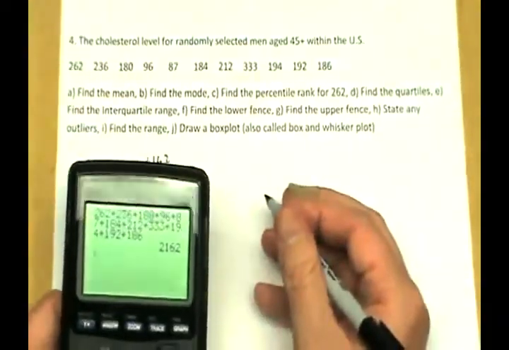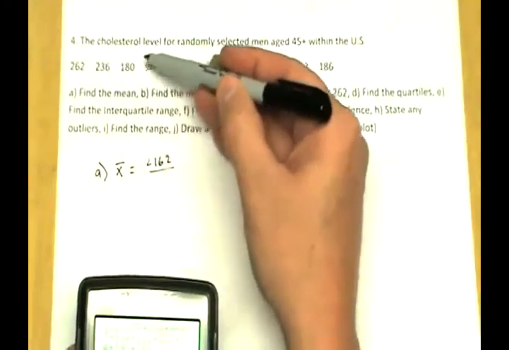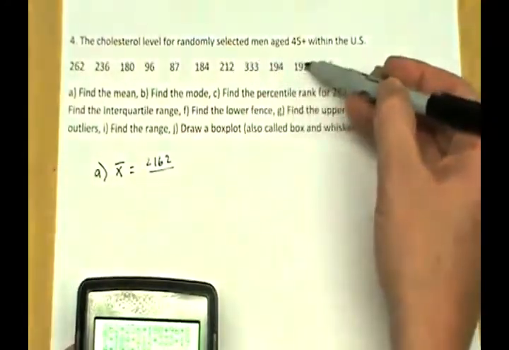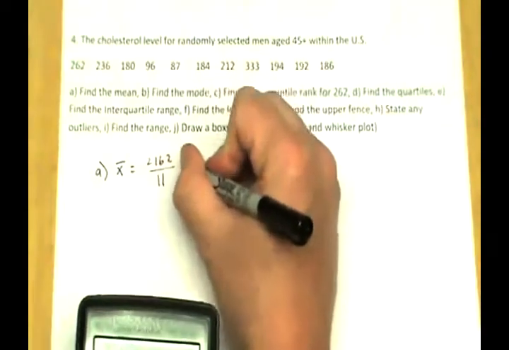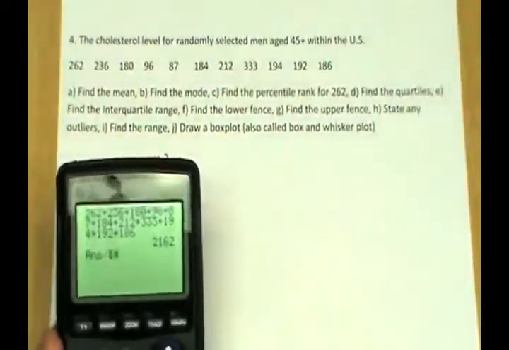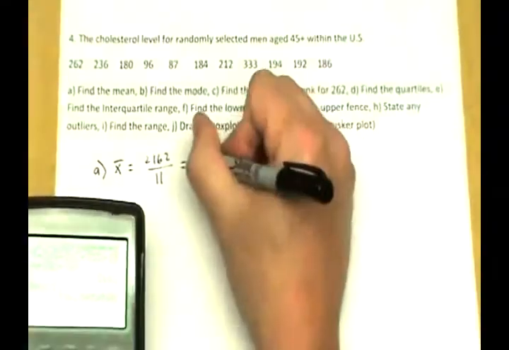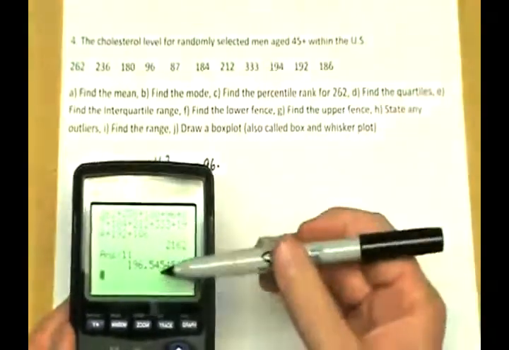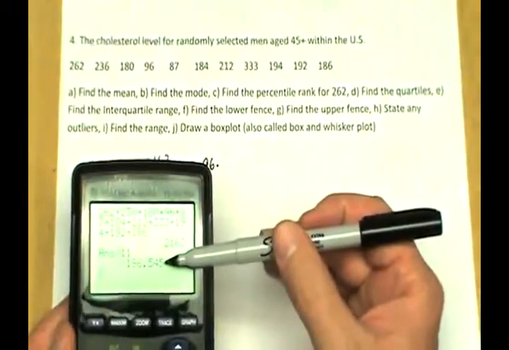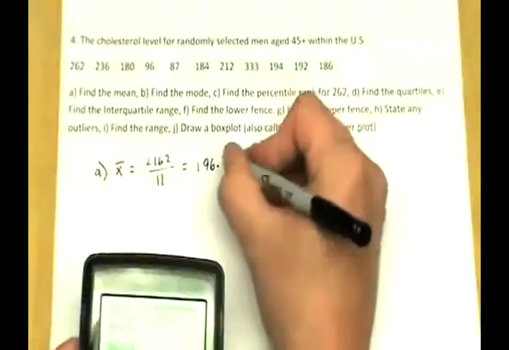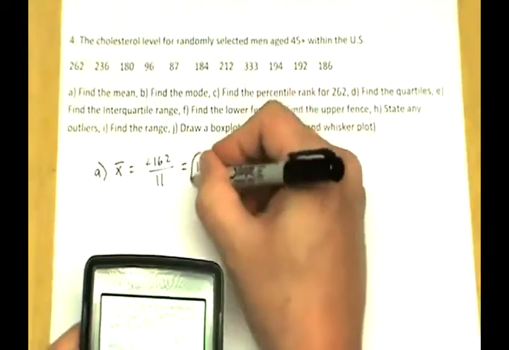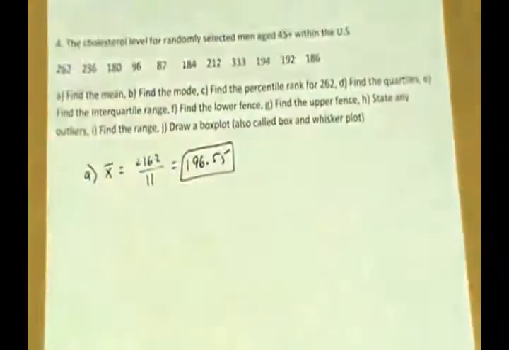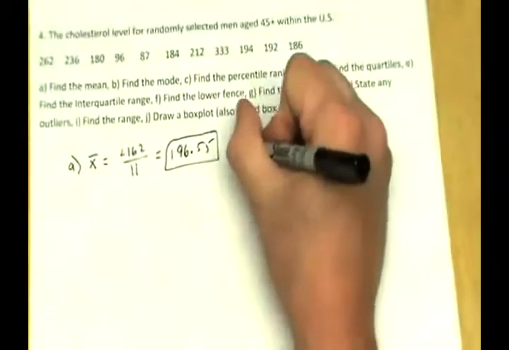We're going to divide by 1, 2, 3, 4, 5, 6, 7, 8, 9, 10, 11 pieces of data. So we divide by 11, and we're getting back 196 point. Now if we look at our calculator, we're looking at 545. The third 5 is going to round that 4 up, so we're going to say 55. Okay, 2 decimal places and round whenever we can.